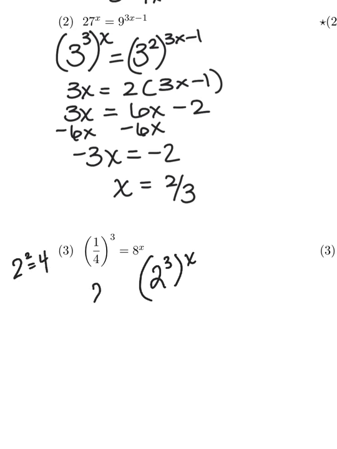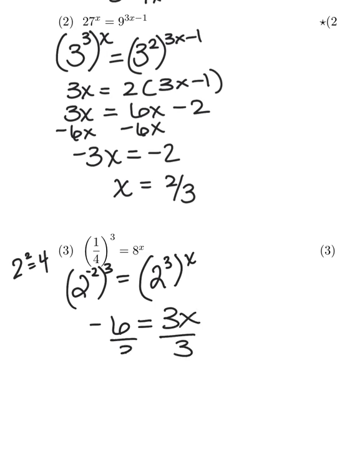So if we change this to 2 to the negative 2, and then the 3 is on the outside. So notice you have the same bases now, so you have negative 6 equals 3x, and then we divide both sides by 3, and x equals negative 2.